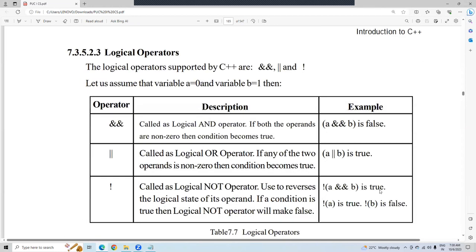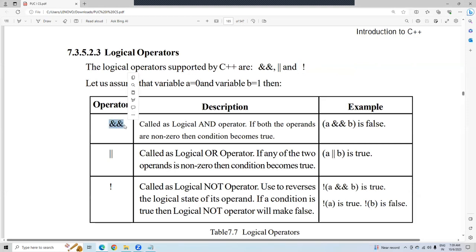And logical operators are used to join more than one relational expression. This is logical AND, logical OR, and this is logical NOT. Like in English, you learn about conjunction words, no? And, or, like that.